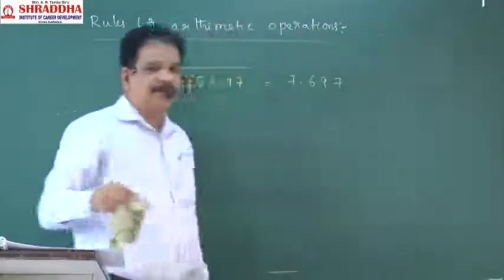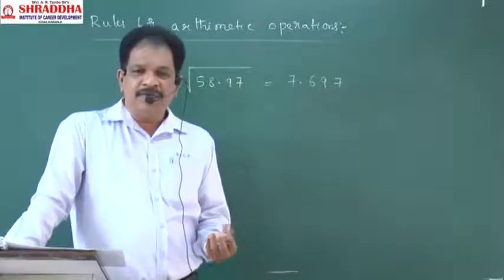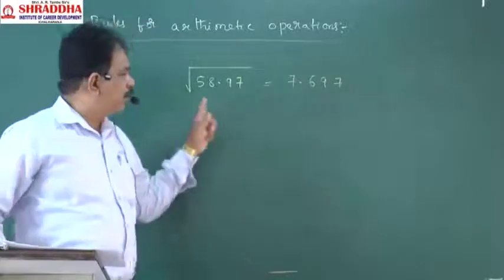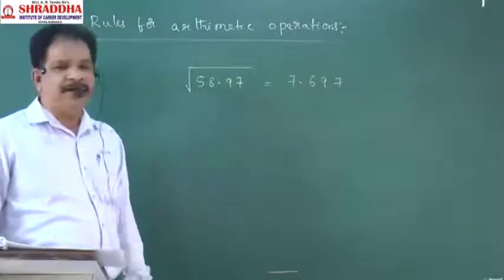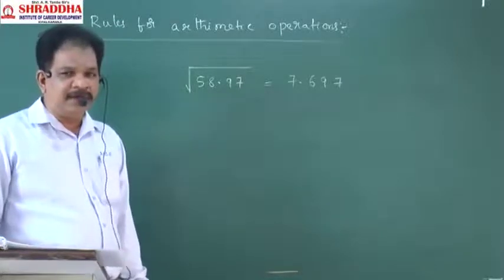That is the logic. In the examinations, you are not allowed to use calculators. You are not able to calculate what root 58.97 is. That will be very, very difficult.